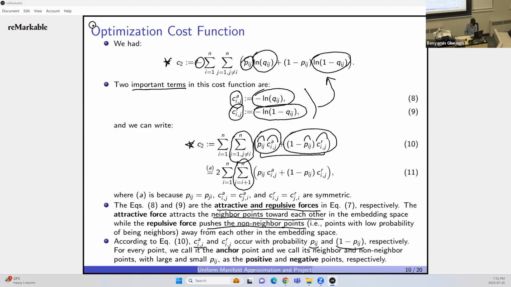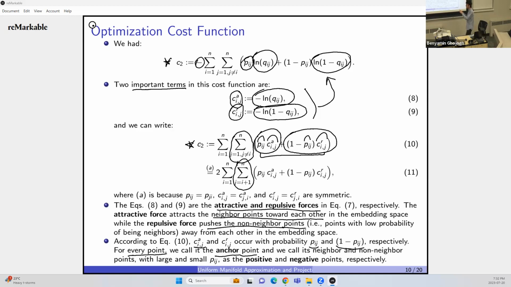I think that's correct. For every point, we call it the anchor point. Here the idea is similar to triplet loss. For more information, see my lecture on Siamese networks in my deep learning course. I introduced triplet loss for deep learning, but here we have the same idea.